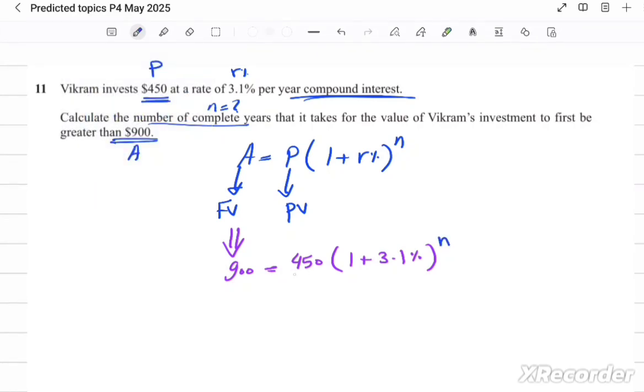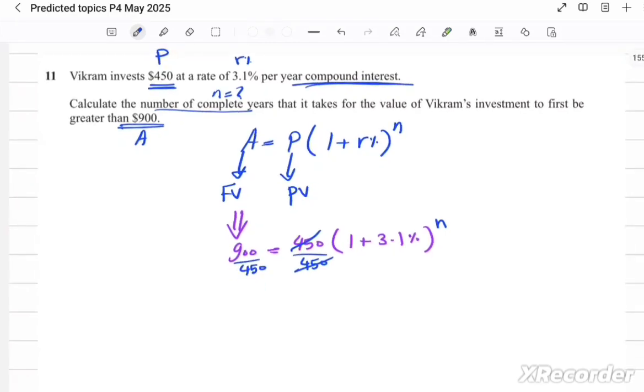Now we can divide both sides by 450. So 900 over 450 is 2, which equals the second part here: 1 plus 3.1 percent, which is 1.031 to the power of n.